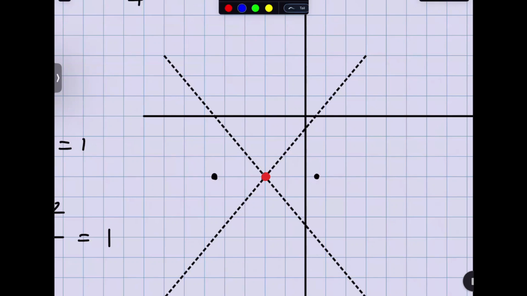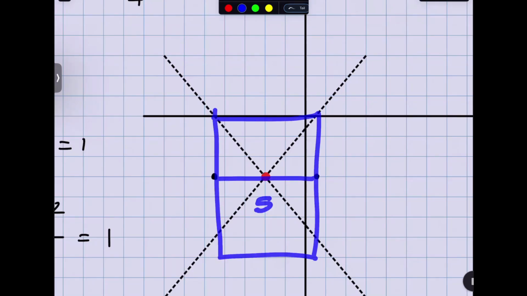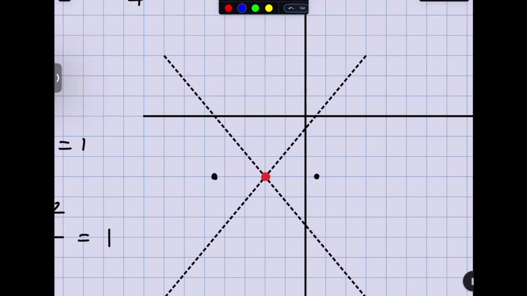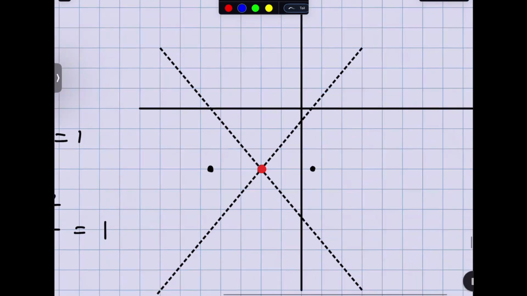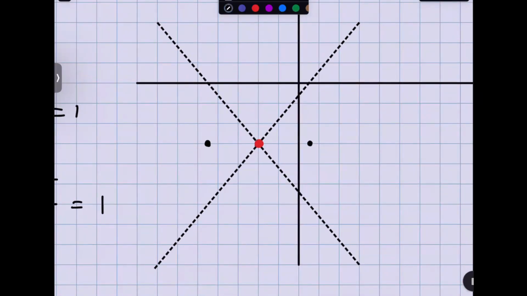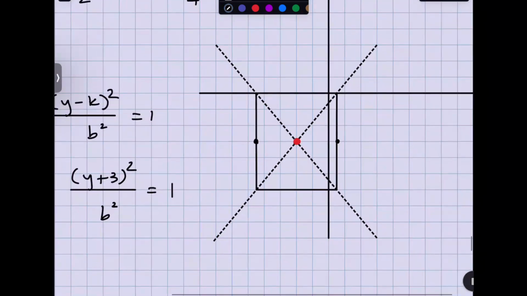This distance here is a distance of 5. So that means this distance here has to be a distance of, oh, and you know what? You're right, it is 3. Because it's going to be 6 altogether. Right? So this box is going to go, right? So you're right, it is going to be 3.